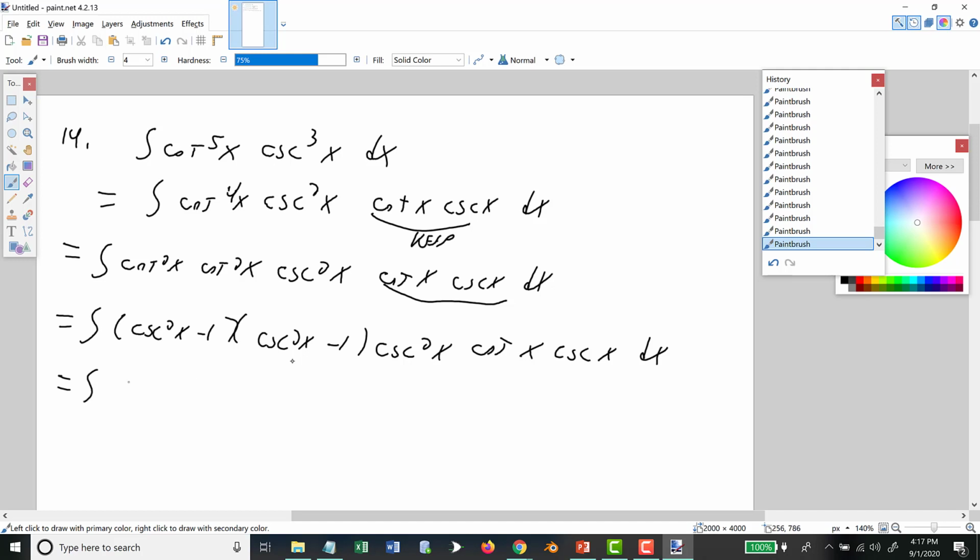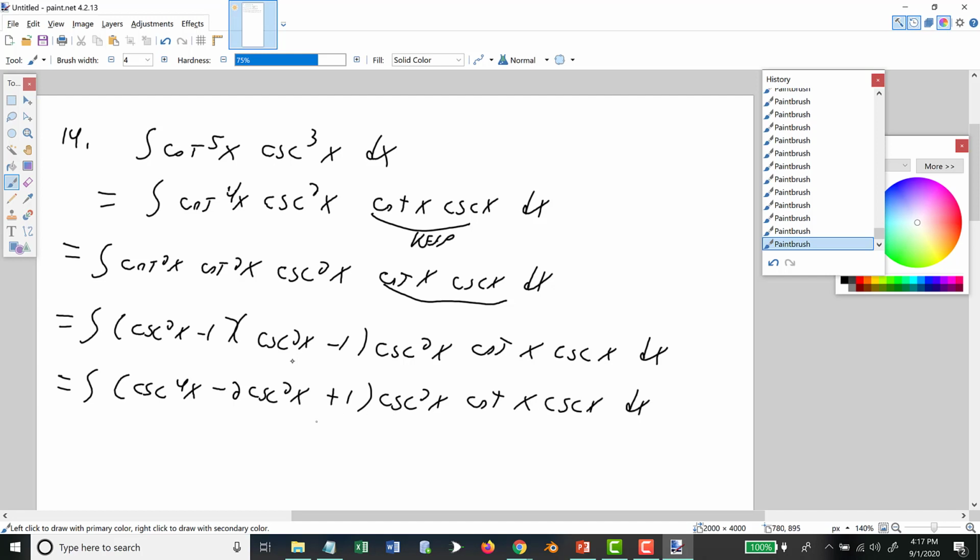If I FOIL these, I get cosecant to the fourth power. Cosecant squared times -1 is a negative cosecant squared. -1 times cosecant squared is -2 cosecant squareds. -1 times -1 is a +1 times cosecant squared.